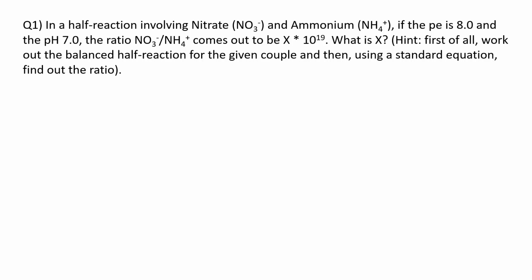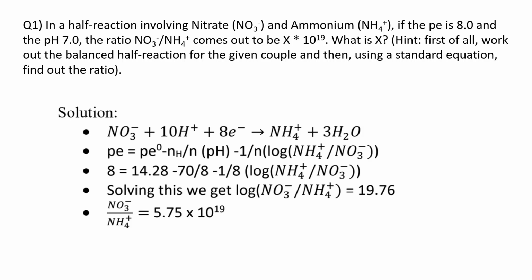We'll see the solution now. First of all, we should write the balanced chemical equation, the balanced half reaction. So this is our balanced half reaction. Now we know that pE is equal to pE naught minus (n_H/n) pH minus 1/n log of the ratio.